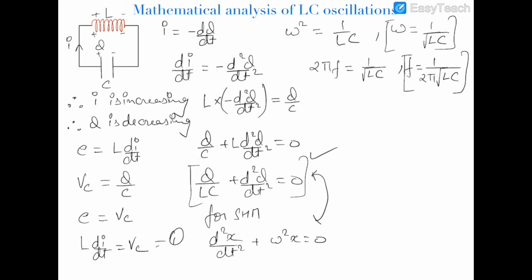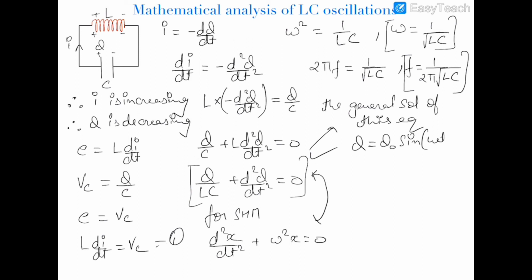Now the general solution of this equation is q is equal to q naught sine omega t plus phi. We have already calculated this omega, and q naught was the maximum charge present on the plates of the capacitor initially.